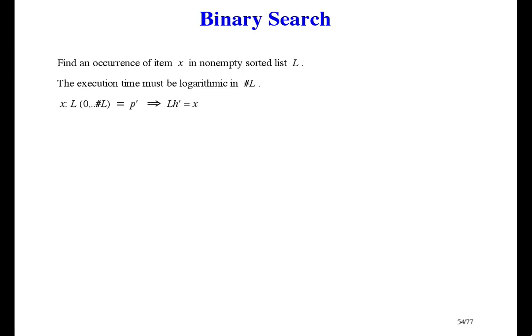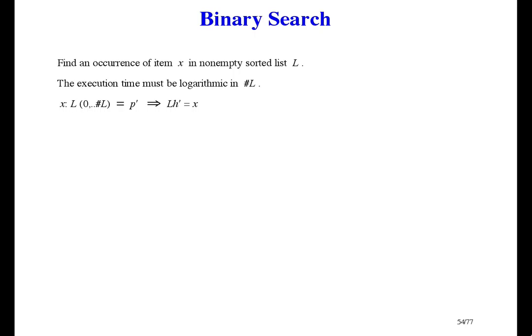And if x isn't anywhere in the list, then p prime is false. That's the equation. And if x is present, then h prime says where. That's the implication. If x occurs several places, then this specification is non-deterministic. Any of its positions will do. Once again, I'll leave the timing specification until later.